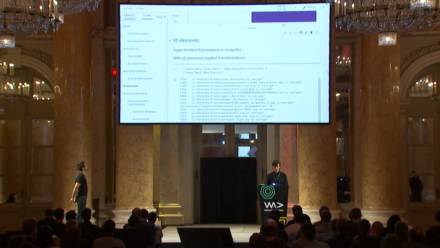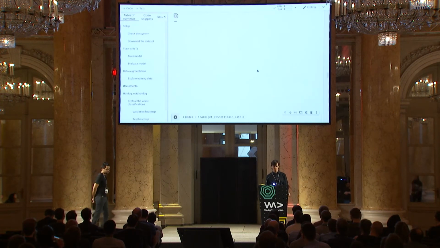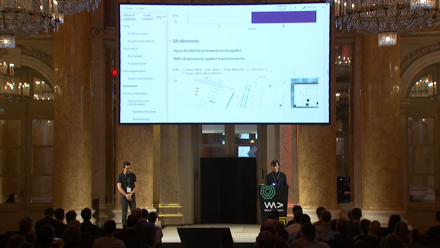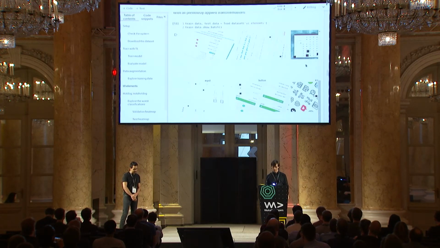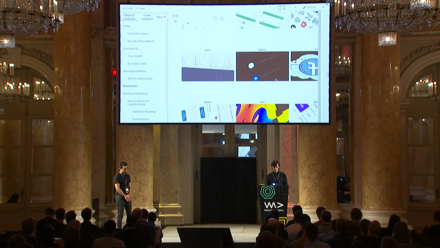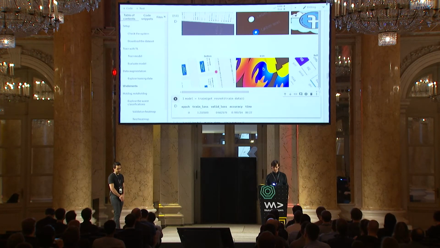We are using the very same setup, a pre-trained ResNet 50 architecture on the ImageNet dataset. Here you can see some random web-scraped images, inputs, buttons, and some icons.